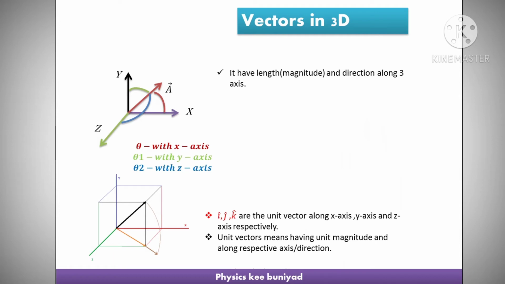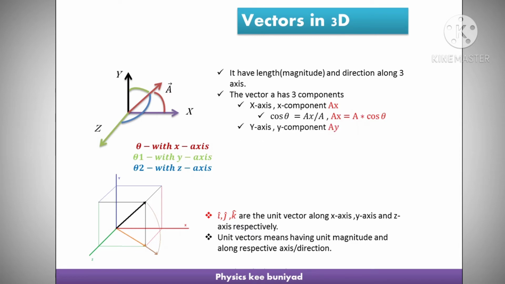It is similar to 2D, but it has 3 components: along the x-axis the ax component, along the y-axis the ay component, and along the z-axis the az component. If theta is the angle between the vector and the x-axis, we can write cos theta equal to ax by a. It means ax equal to a into cos theta.